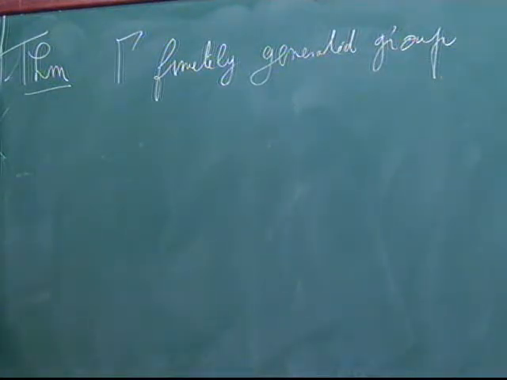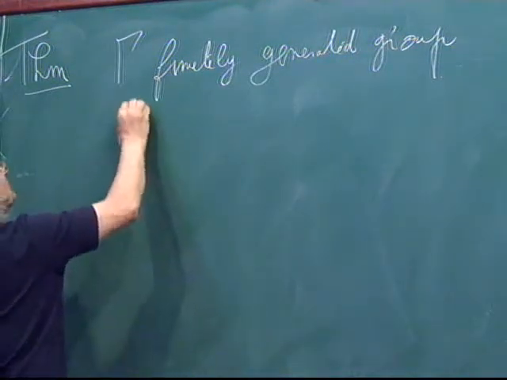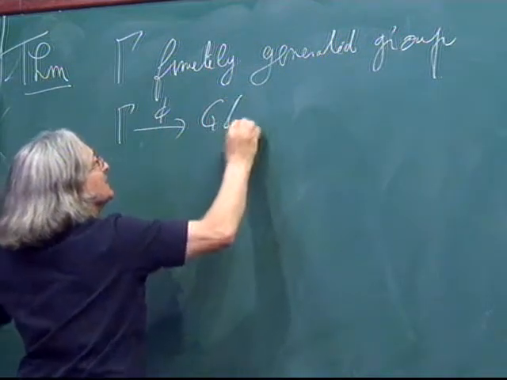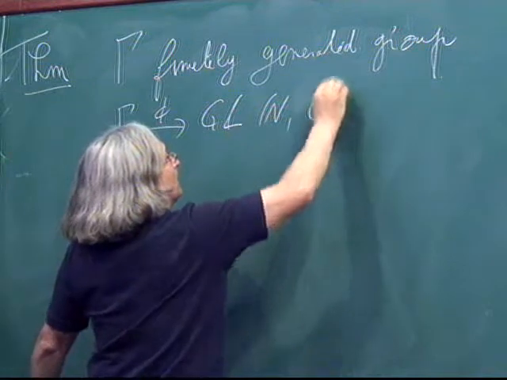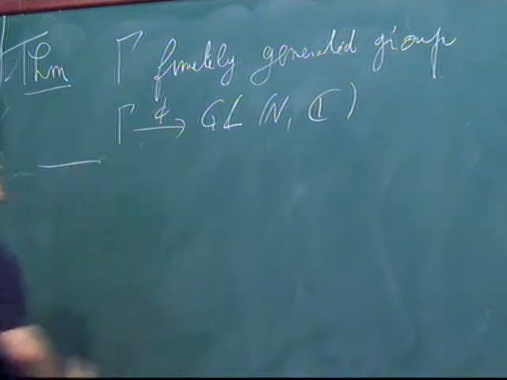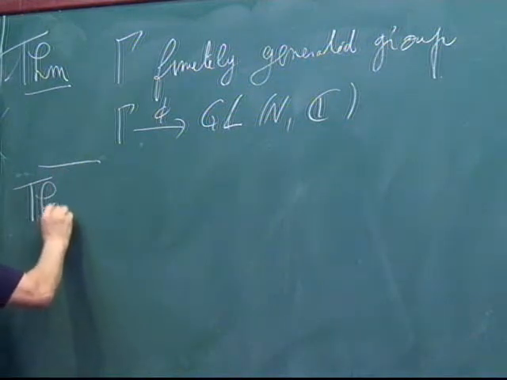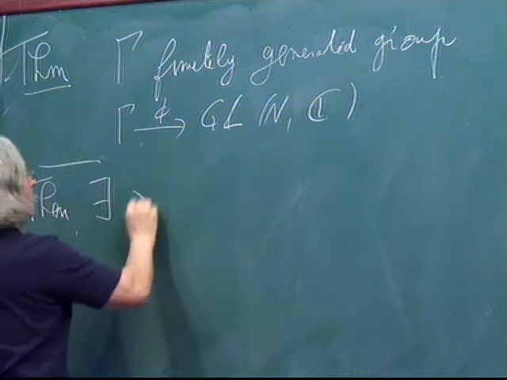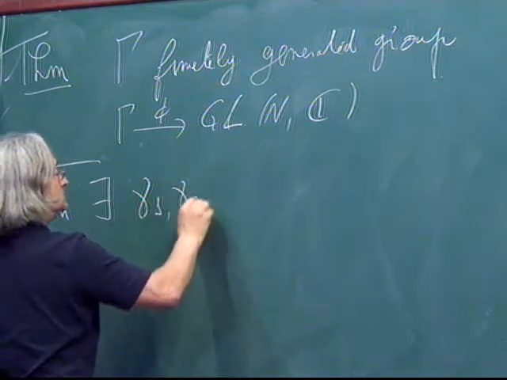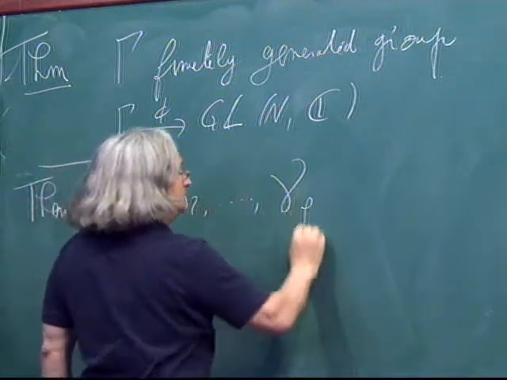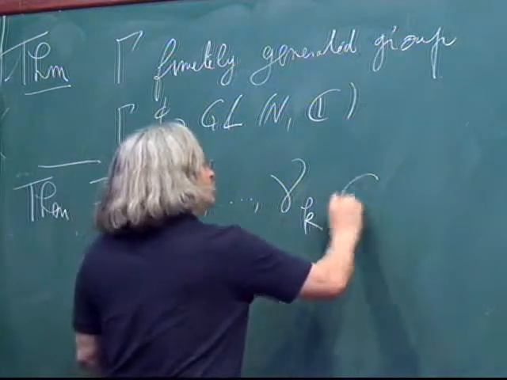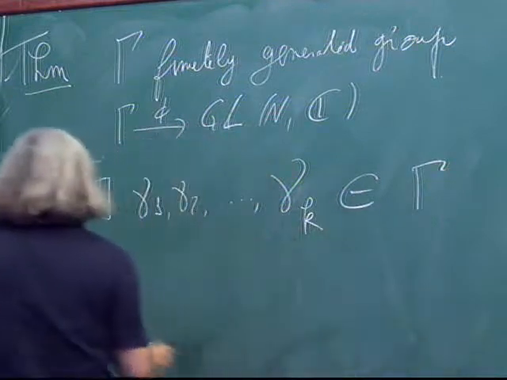And you want to look at homomorphisms, representations from gamma in GL n C. Then the statement of Poincaré is this. Then there is a finite number of elements in the group.